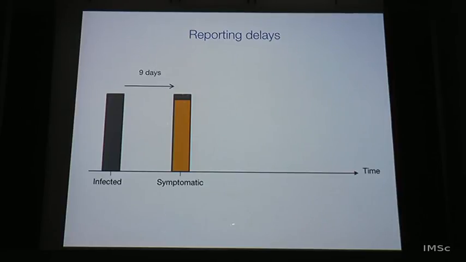And some of them won't be symptomatic. There is always some heterogeneity in the population. Some people will be asymptomatic. But the symptomatic ones, maybe it will take them around 4 or 5 days to seek care, because at the beginning the symptoms look like flu, so you might not be too worried. And again, some of them won't seek health care because they live too far, or they don't believe in this kind of medicine.